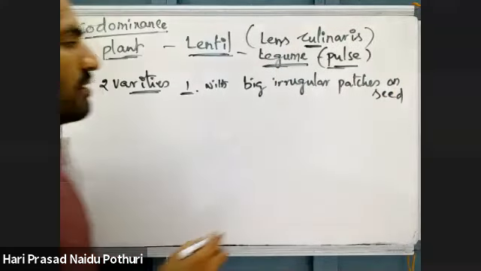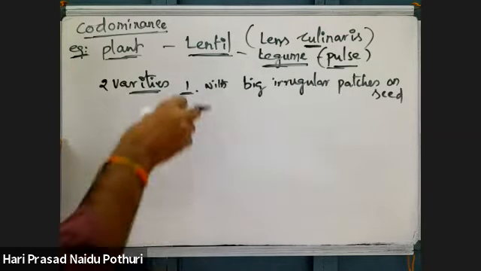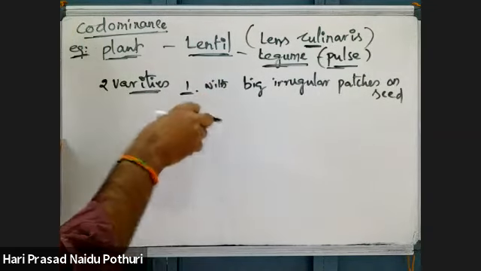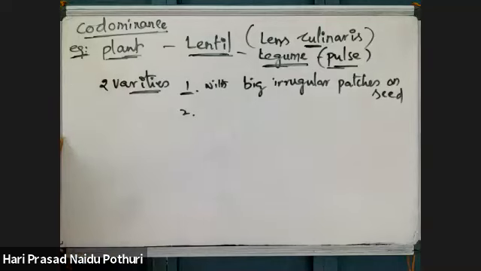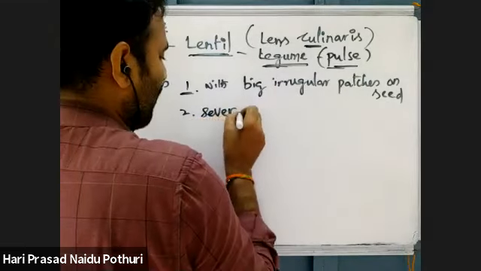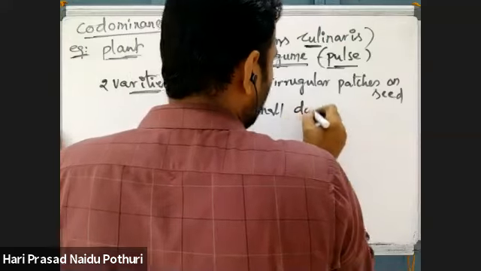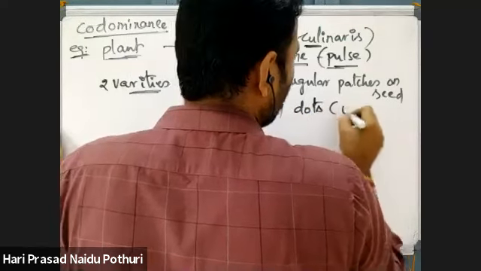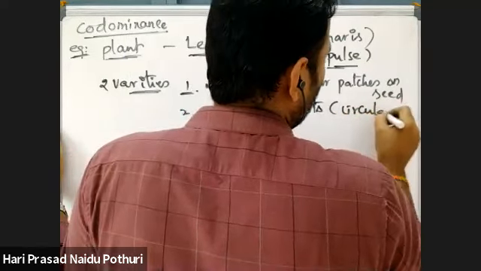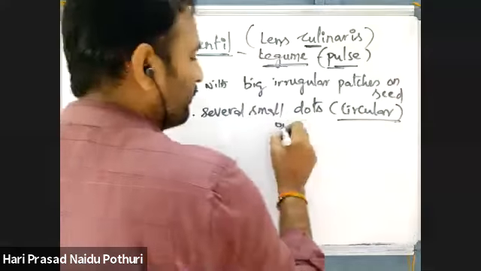Then the second one is small dots on the seed surface, several small dots, which are circular dots on the seed.